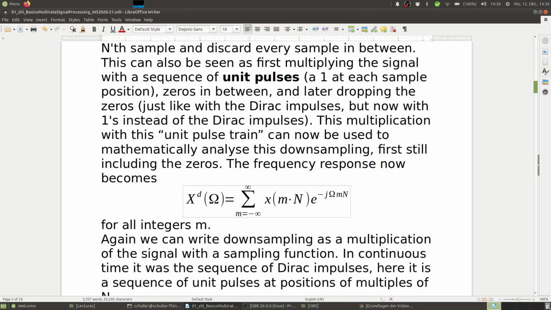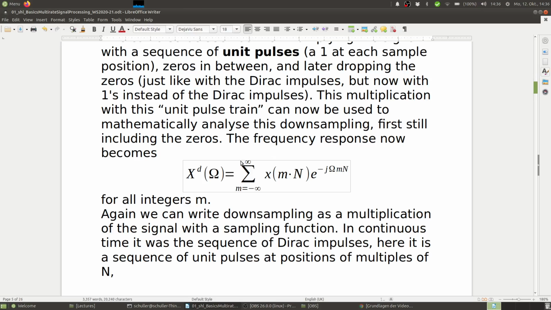This multiplication with this unit pulse train can now be used to mathematically analyze this downsampling, first still including these zeros. The frequency response now becomes this equation here. So now we apply the discrete time Fourier transform. So here the DTFT.